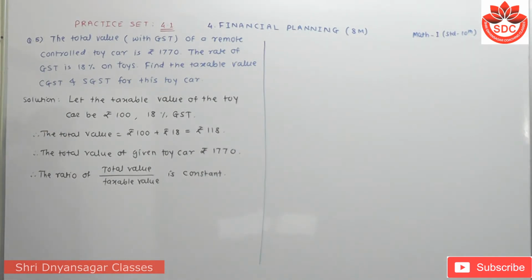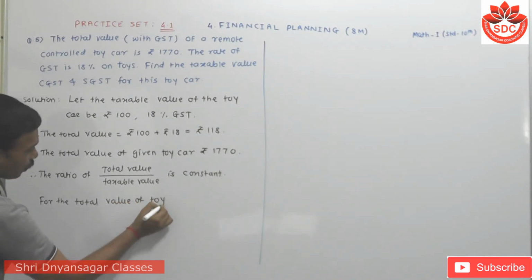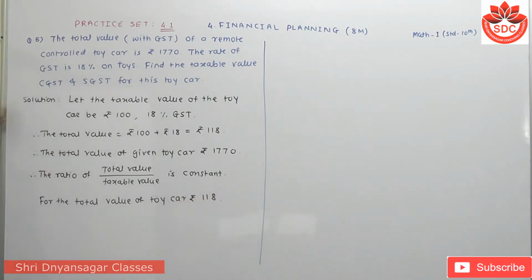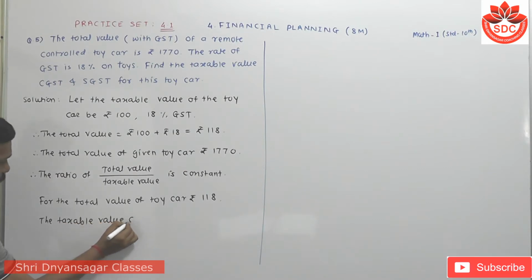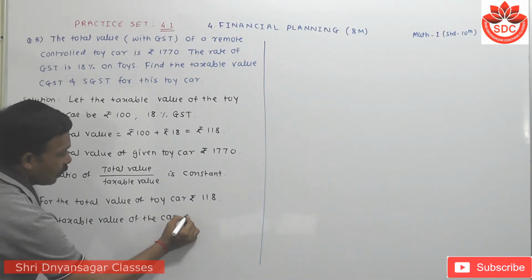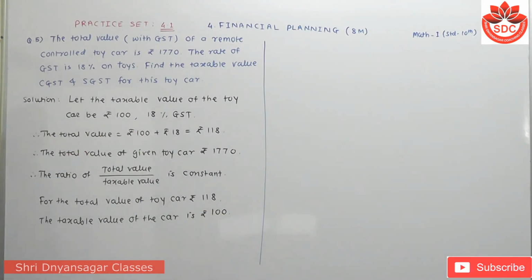For the total value of the toy car rupees 118, the taxable value of the car A is given as rupees 100. Therefore, for the total value 1770, let the taxable value be x, because we have to find this.